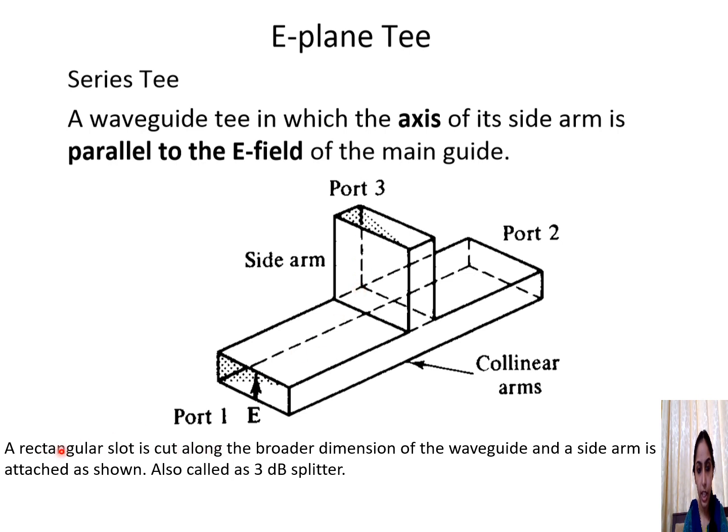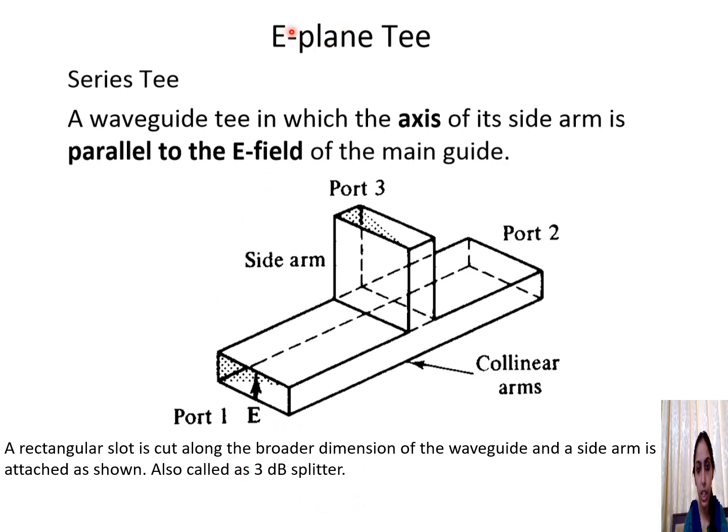It is written here, a rectangular slot is cut along the broader dimension of the waveguide, and a side arm is attached as shown. It is also called a 3 dB splitter, because whatever power we apply at port 3, we observe that we get it equally at port 1 and port 2. That is why it is also called a 3 dB splitter.